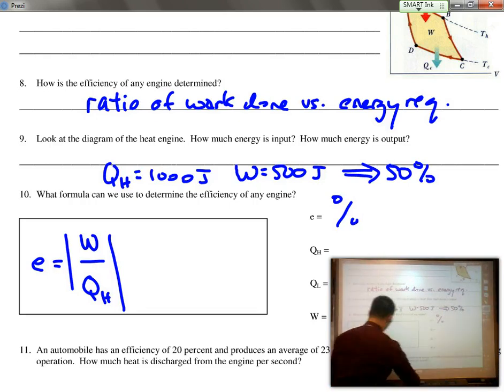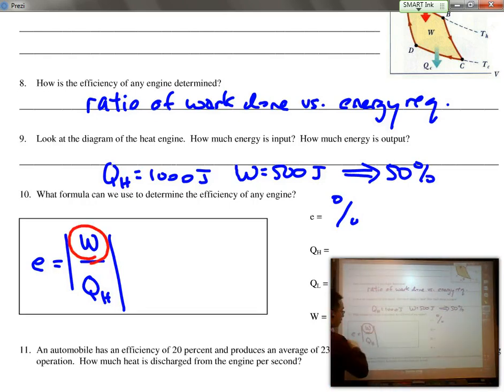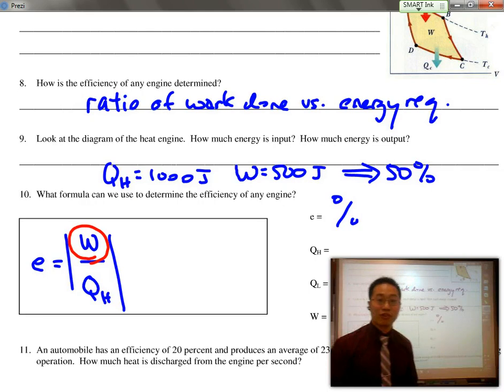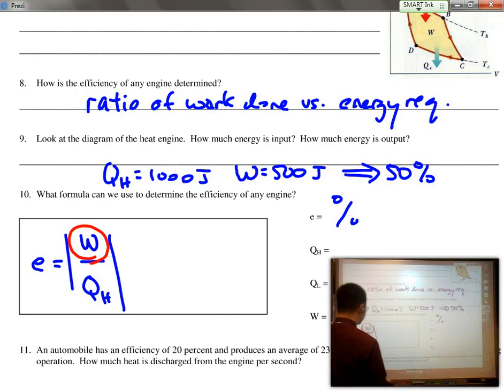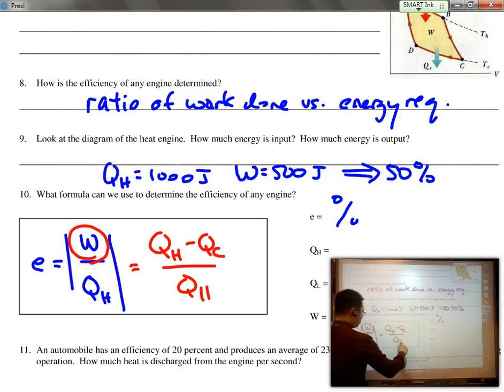Now, we also have another way to write work, simply because we had redefined work as the difference between the heat energy input and the heat energy output. So we could also write this as QH minus QC over QH. Okay?